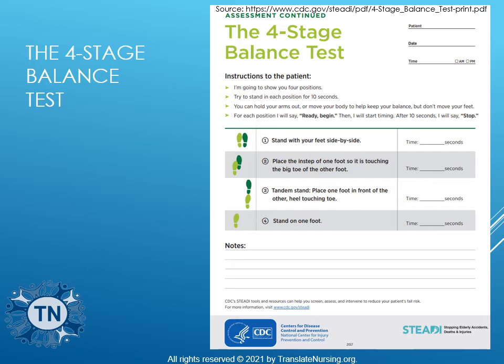The fourth position is when the patient stands on one foot. If the patient maintains this for 10 seconds or more, they are successful. Standing in a position less than 10 seconds indicates failure, thus making them at risk for falls.